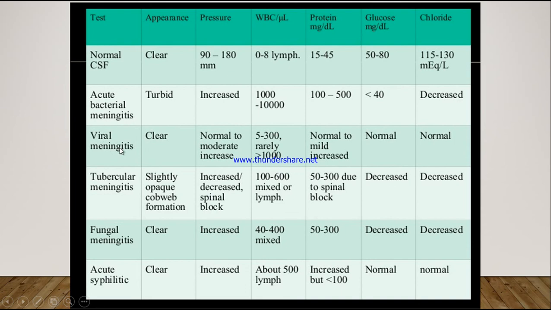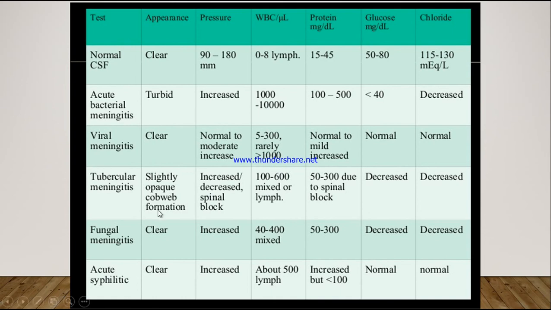Viral meningitis: clear appearance. Pressure normal to moderate or increased. WBC count 5 to 300, rarely more than 1000. Protein normal to mildly increased. Glucose normal, chloride normal.